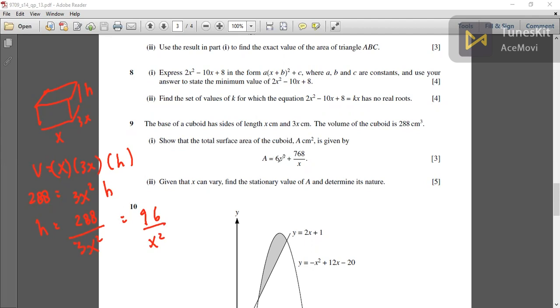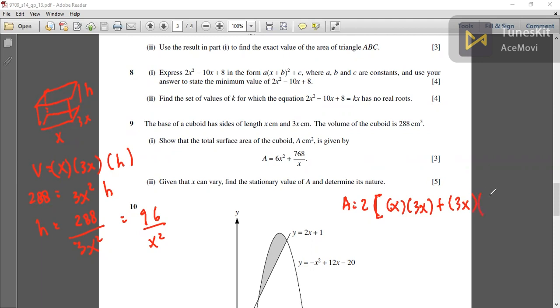Now it asks us to find the surface area. So the surface area is 2 times, let's calculate the base first, x times 3x, plus 3x times the height.